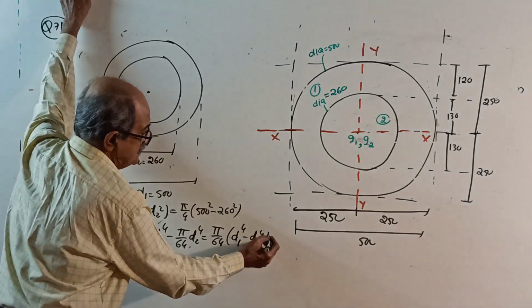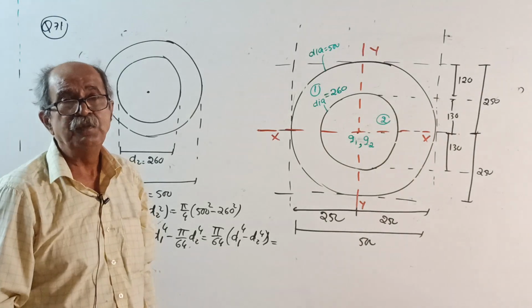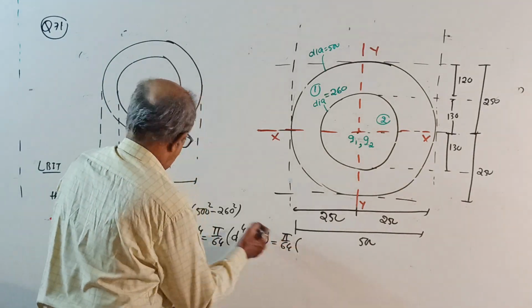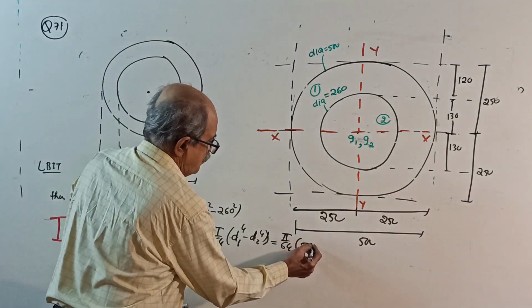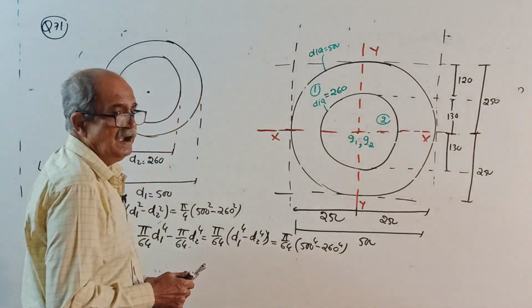Don't make the foolish mistake of writing pi by 64 of D1 minus D2 whole power 4. No, it equals pi by 64 of 500 power 4 minus 260 power 4. That way find moment of inertia.